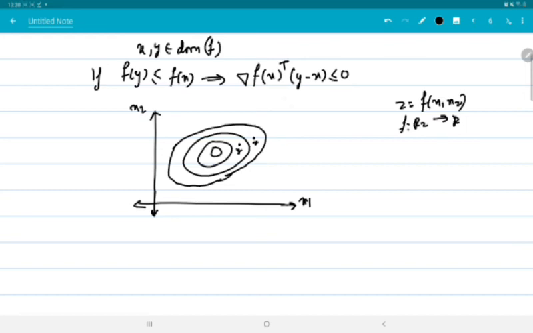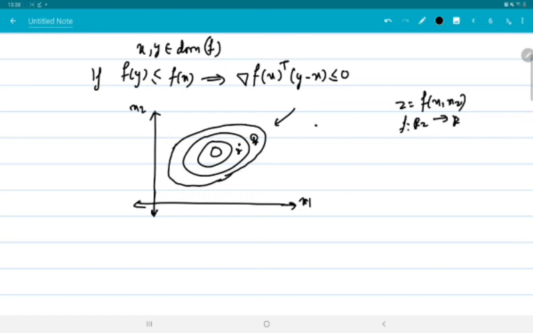So y minus x is a vector which has a direction from x to y. This is the direction of y minus x, and the normal has a direction towards the reader at this point, at x.